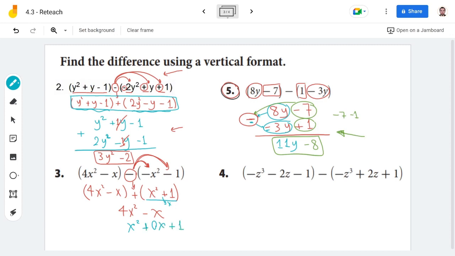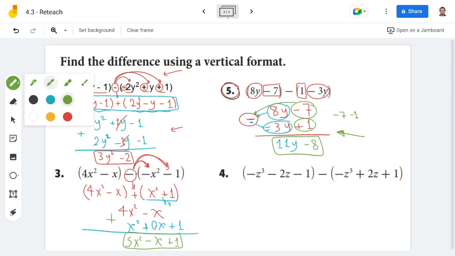Okay, so now let's add them together. So 4x squared plus x squared equals 5x squared, minus x plus 0x is still minus x, then plus 1. So now this is my final answer.